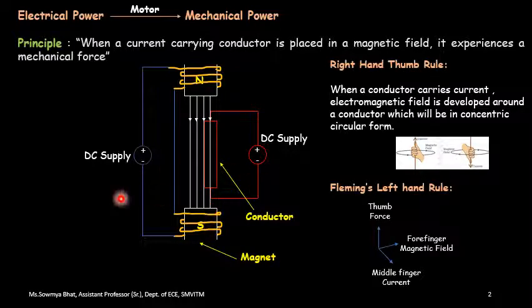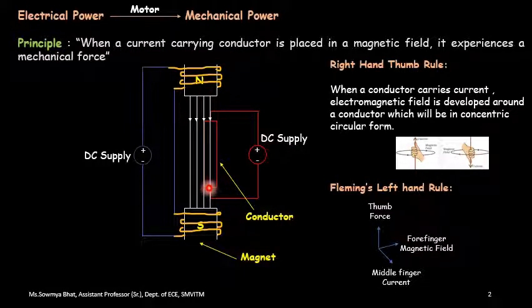In this diagram, if I want to take into consideration the concept of flux, there are basically two distinct fluxes which are active. One we call the main flux. The main flux is nothing but the flux which is produced by this electromagnet. And another flux is due to the current carrying conductor.